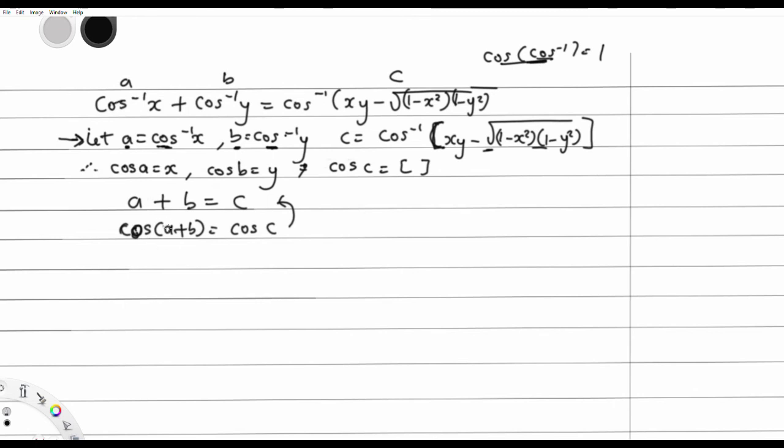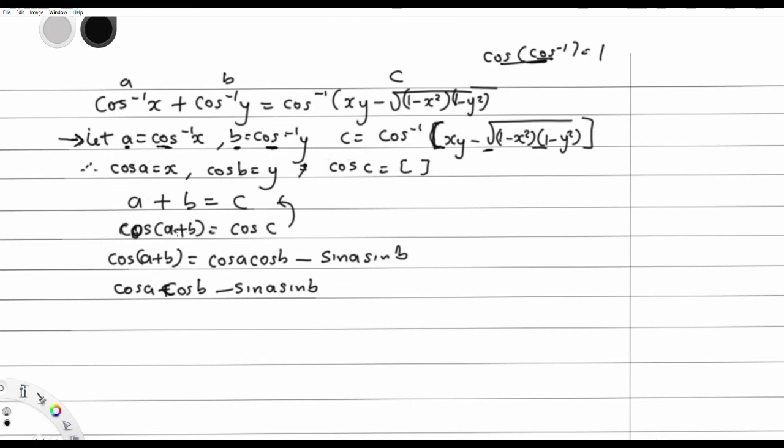But before we continue, we know that cos a plus b equals cos a cos b minus sine a sine b, isn't it? So we can then say cos a plus b equals cos a cos b minus sine a sine b.